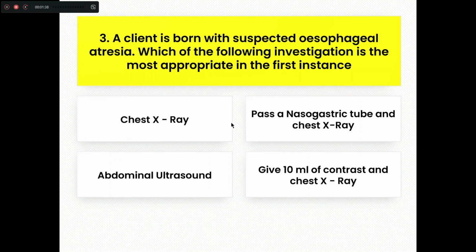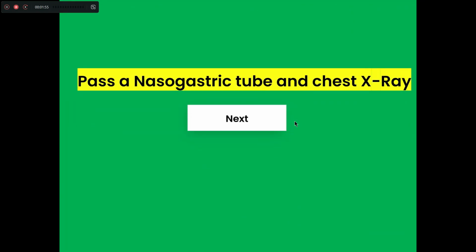And option D, give 10 ml of contrast and chest X-ray. So when a child is born with esophageal atresia, the most appropriate first investigation is a nasogastric tube, and a chest X-ray is taken simultaneously.